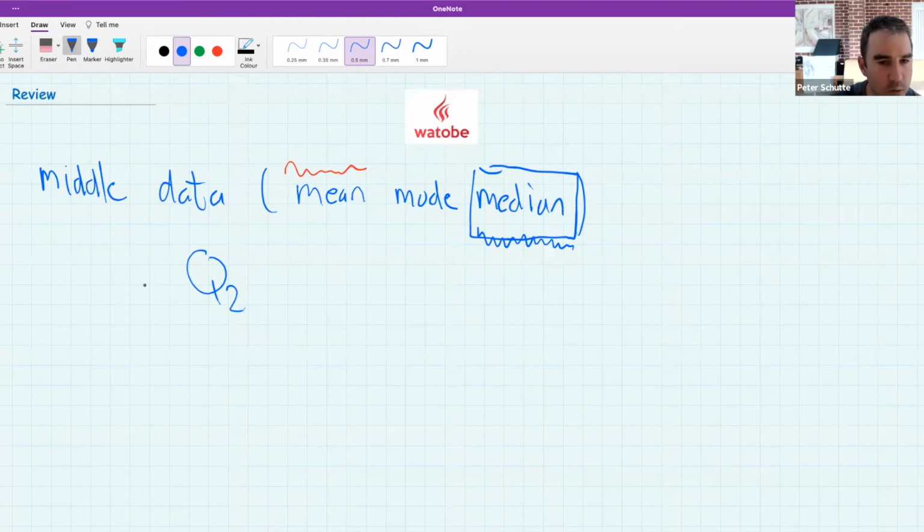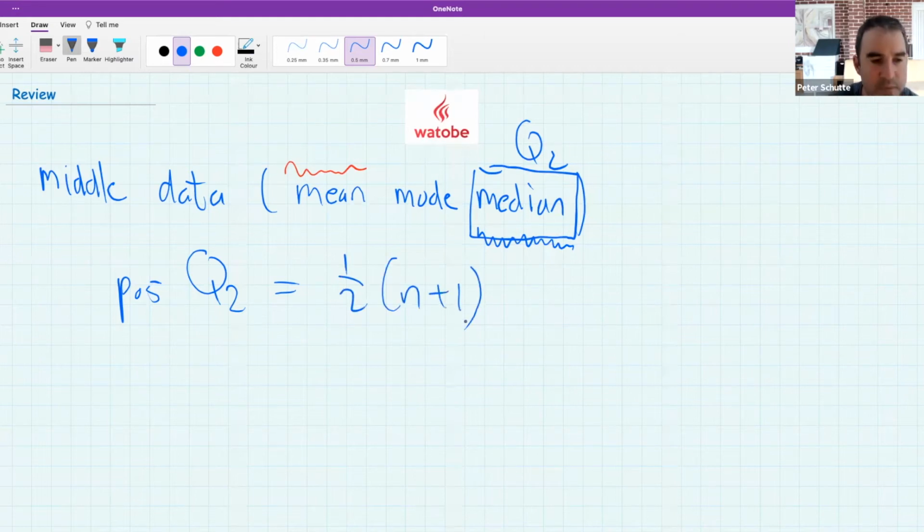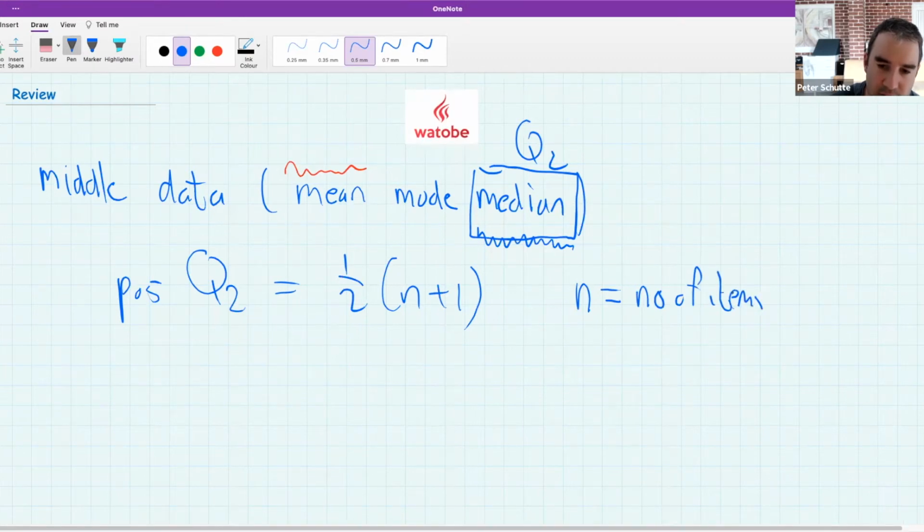When trying to find the median, we actually found the position of the median first, using the formula a half times n plus 1, where n was the number of items in the data set. Then once we found our position number, we could use that to help us find the actual median, or what we call the second quartile.